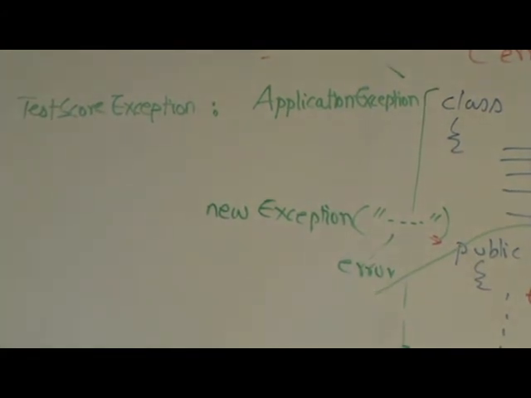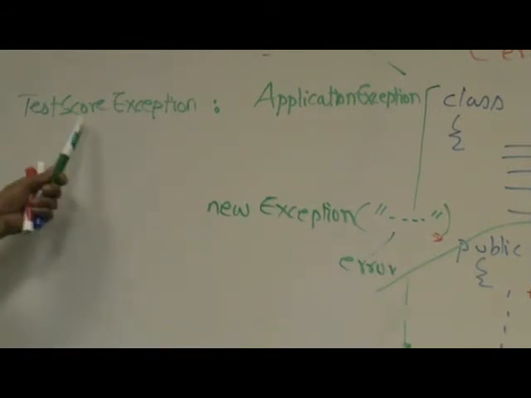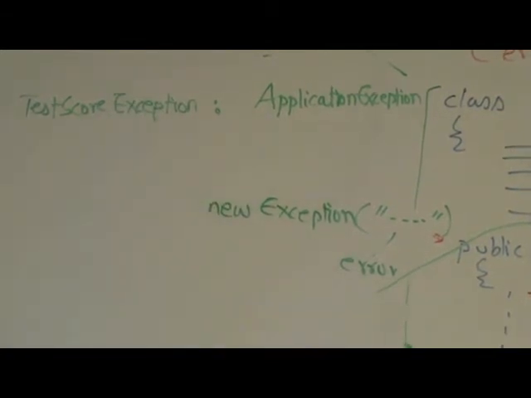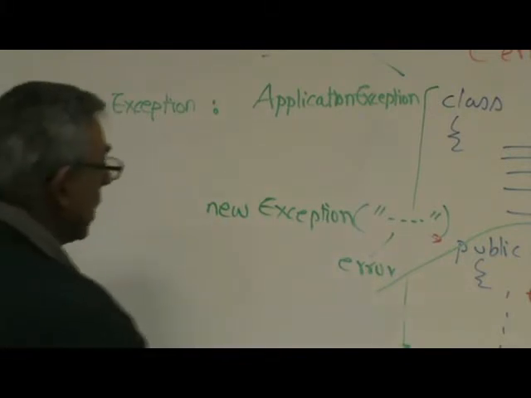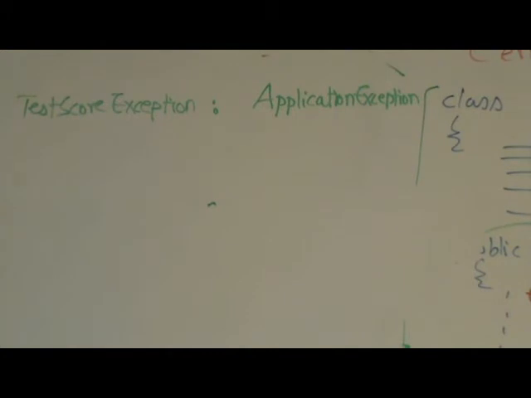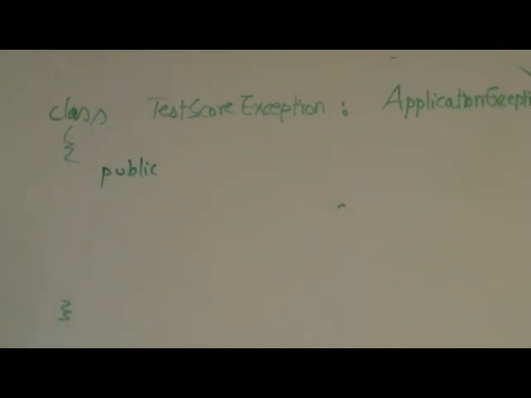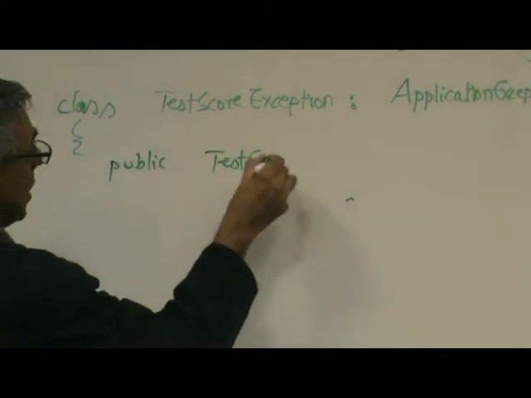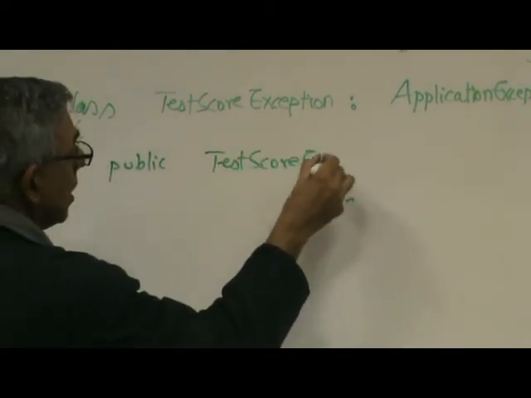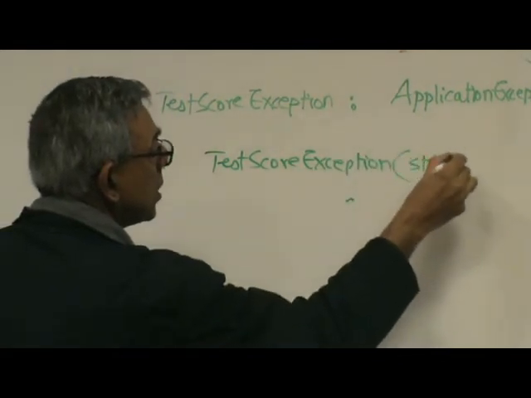Okay, and the constructors are not inherited in C#. So anytime you inherit something from some other class, make sure you provide your own constructor. So first thing you will do is provide our own constructor so that somebody can pass us an error message. So you will say public test score exception, string message.